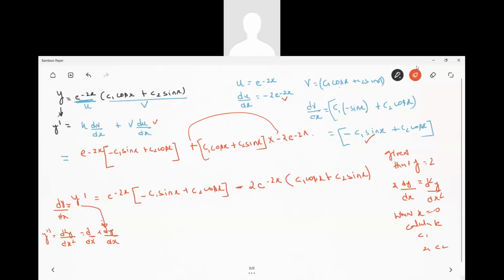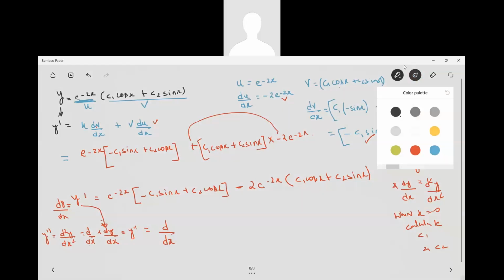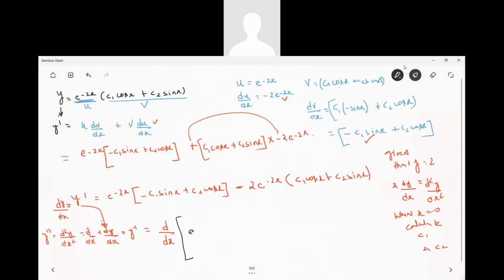I again have to differentiate this whole equation, d by dx of the whole thing. So that would be e power minus 2x into minus c1 sine x plus c2 cos x, correct? Minus 2 e power minus 2x into c1 cos of x plus c2 sine of x, like this.